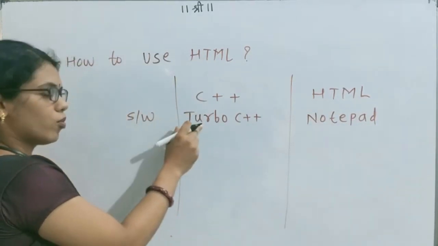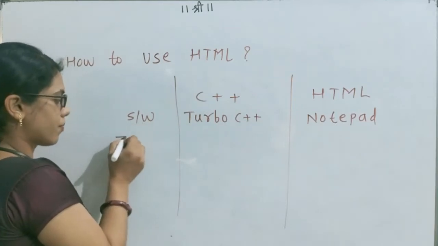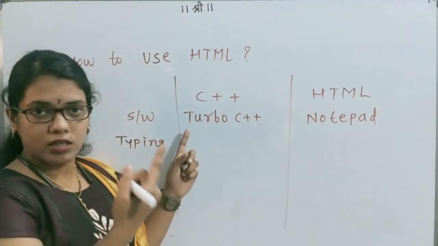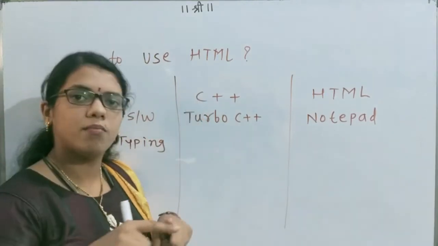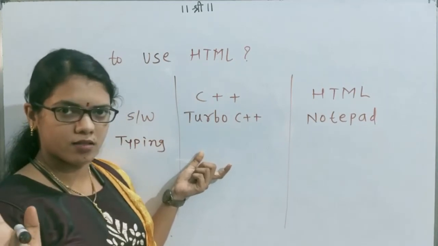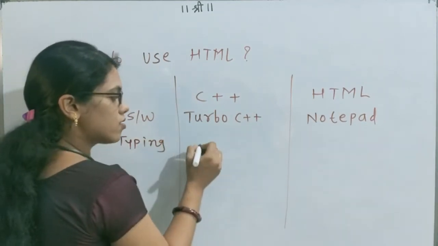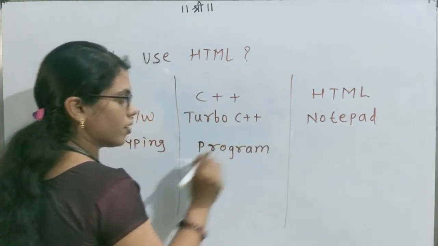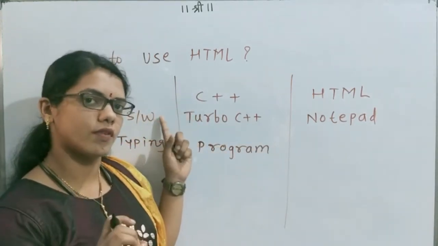In Turbo C++, our first step: on clicking the file option, then new, we get a completely blank window. In that blank window, we simply type our C++ program. So the first step of C++ is we type our program into the required software.